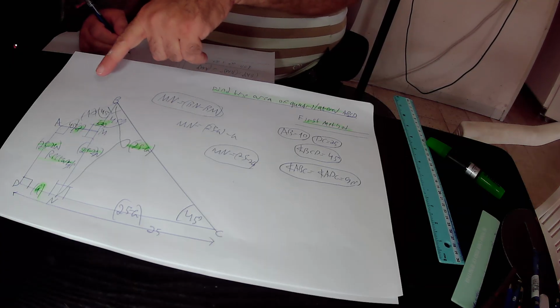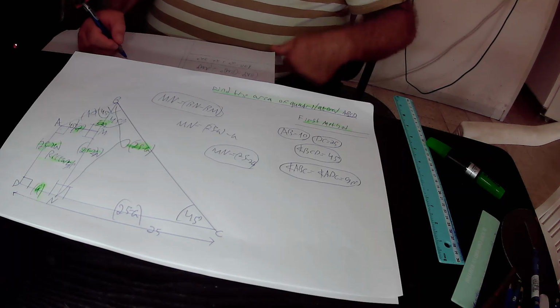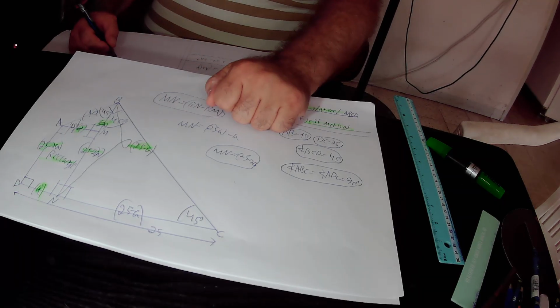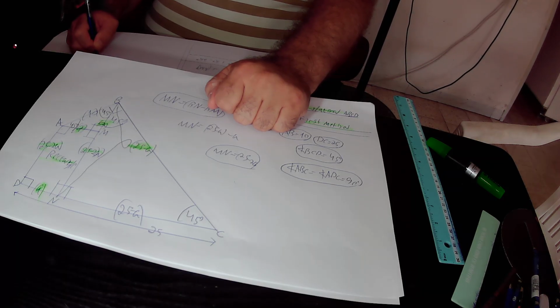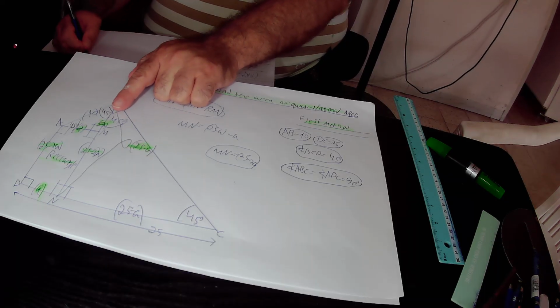Side BN is parallel to side AD. It's already proved. So it is BN plus AD times the height AM over 2.